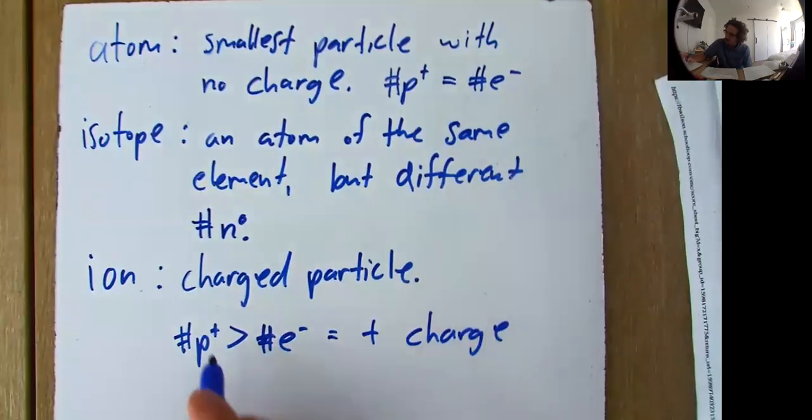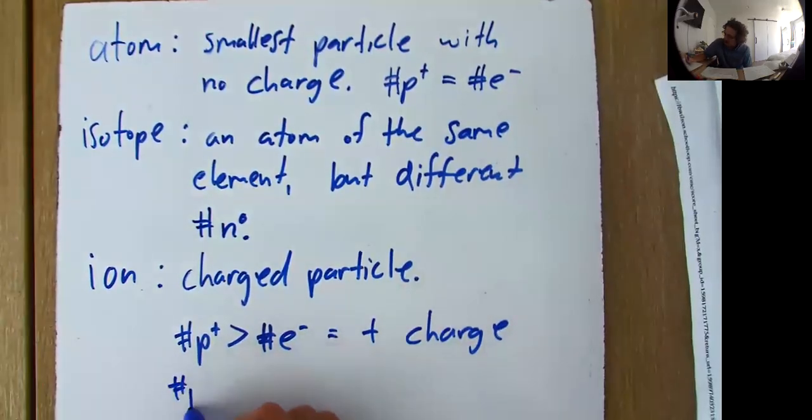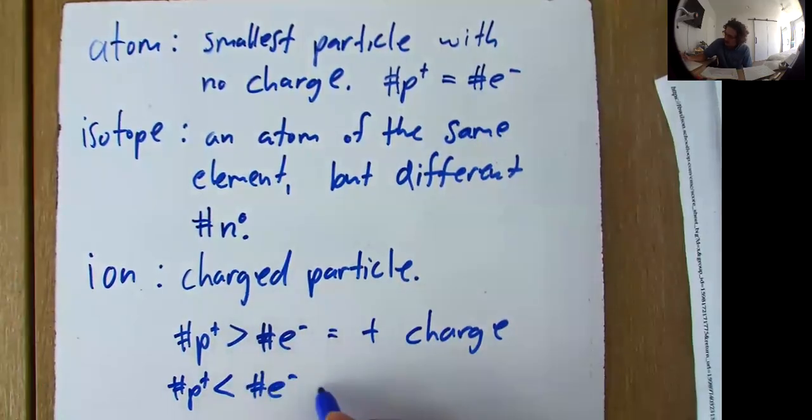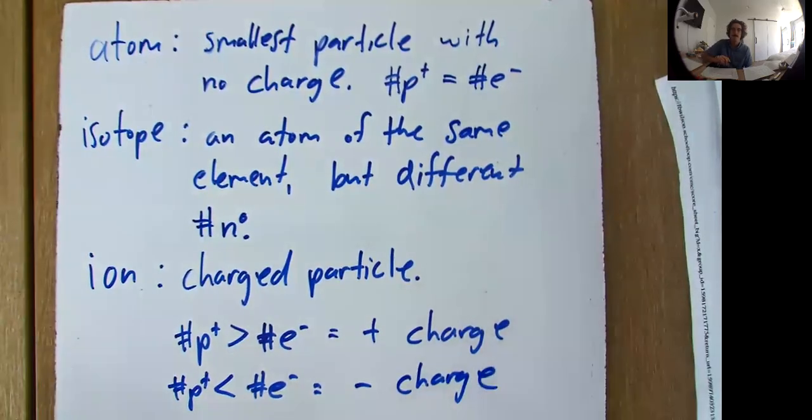Plus means positive. And you might have guessed if the number of protons is less than the number of electrons, that means it's a negative charge.